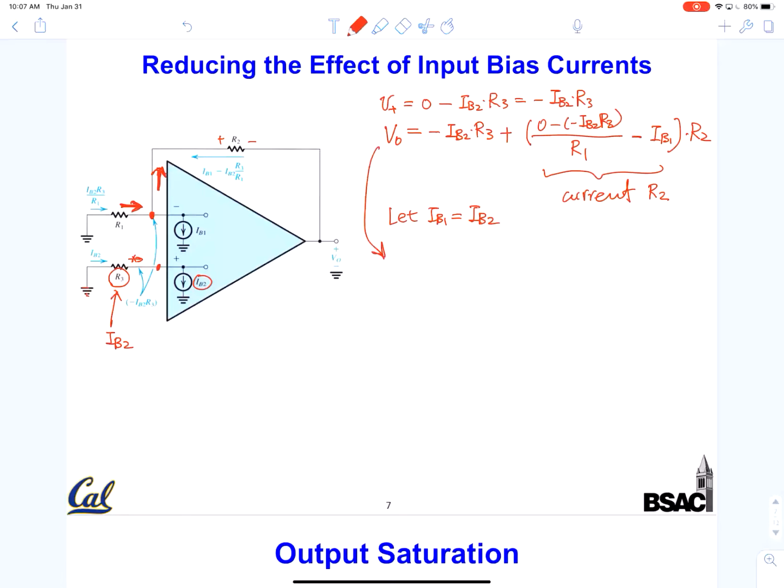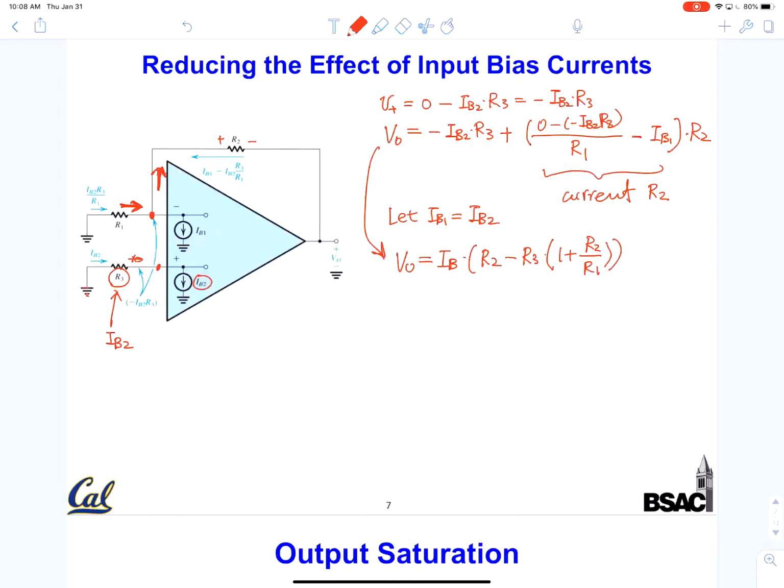And you're just basically rearranging this equation. This equation will become VO equal to basically IB times R2 minus R3, times this factor 1 plus R2 over R1. Okay, it's just algebra. You can work it out easily. So now look at this equation, it's pretty inspiring.